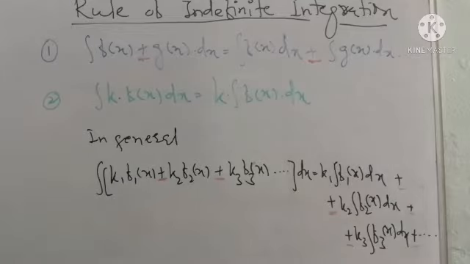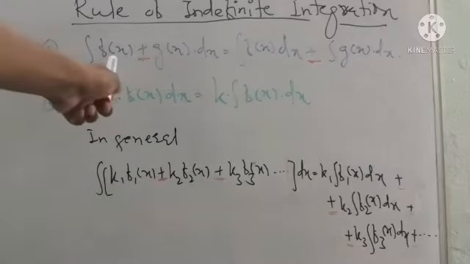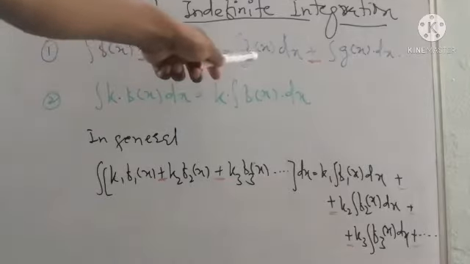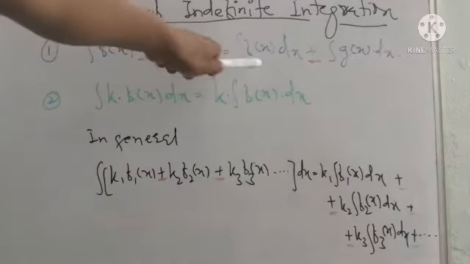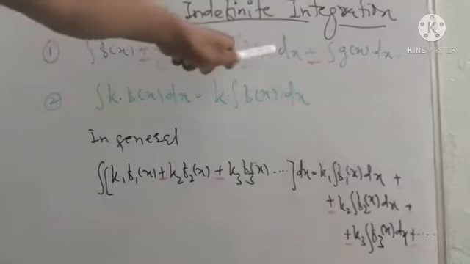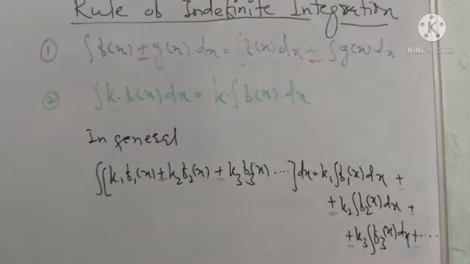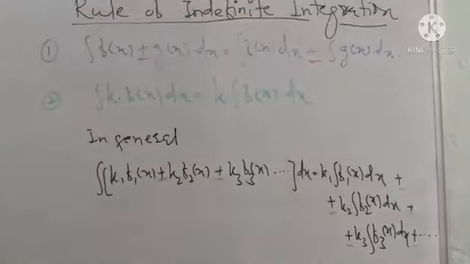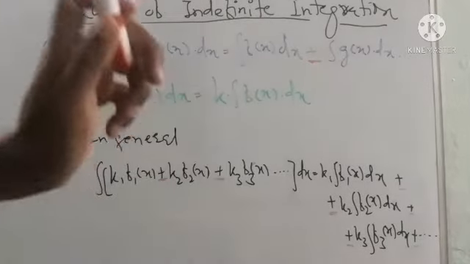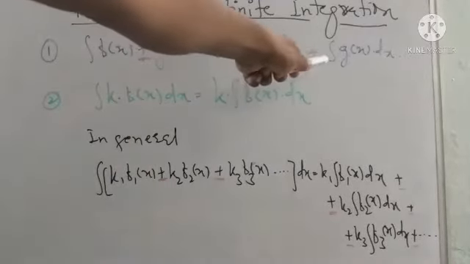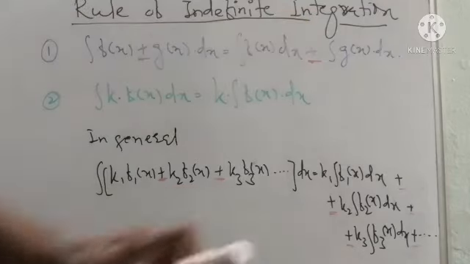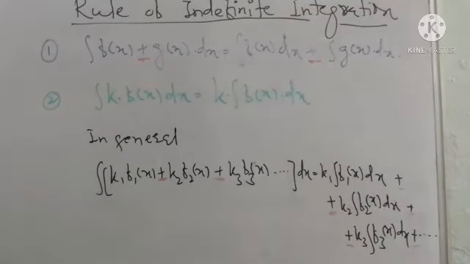You have to write it the correct way: the integration of f of x is written here with the operating symbol of integration, multiplied by change in x. Similarly, g of x has a separate integration, so we write the symbol of integration operated on g of x and multiplied by change in x.